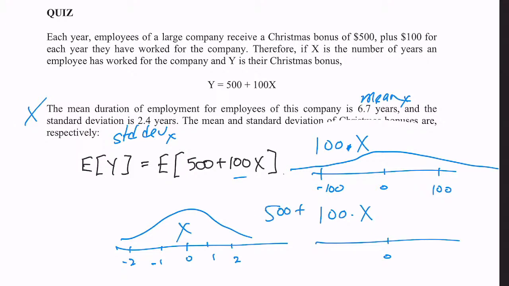That means I would take each of these values and add 500 to them. So that one would become 500, and then the next one over here would be 600, and this one would have been 400. And so basically this distribution shifts over.